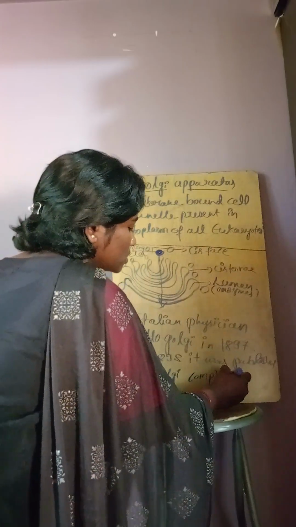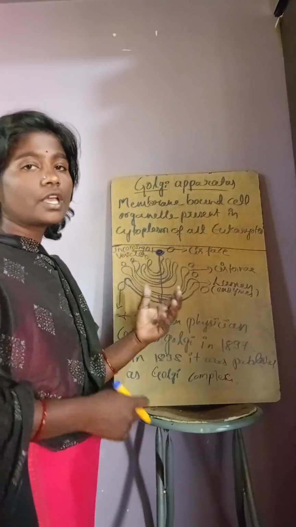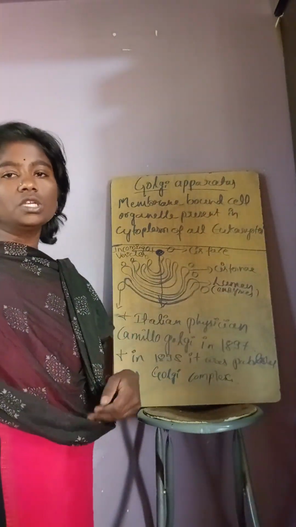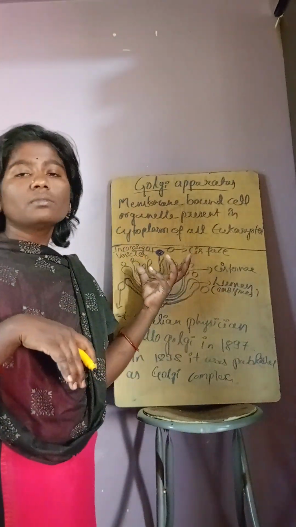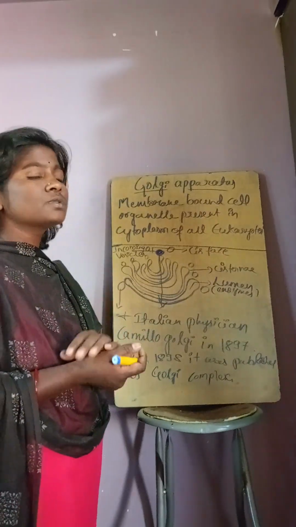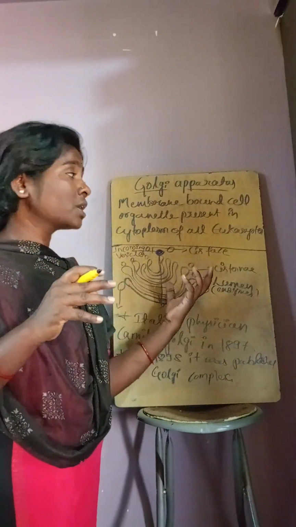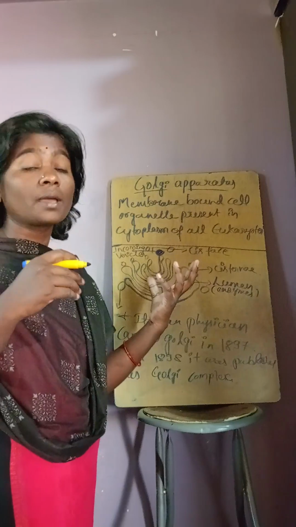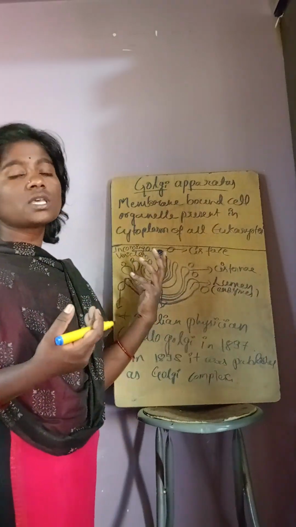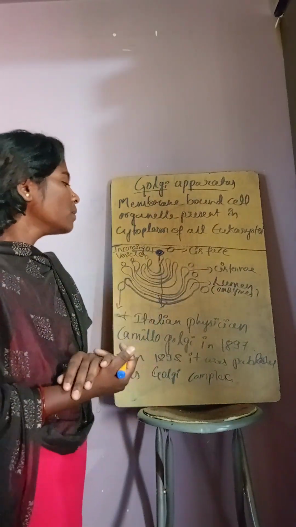Okay, so this is the information about the Golgi apparatus, and there is some more information we need to know. In animal cells we can observe different numbers of Golgi apparatus in different types of cells, the same as in plant cells, right?